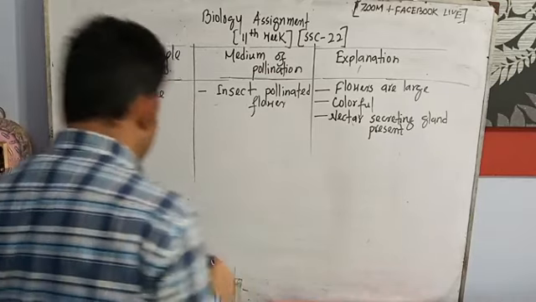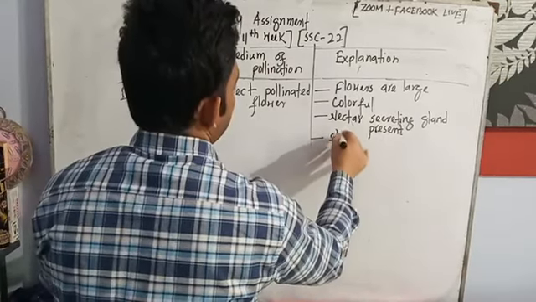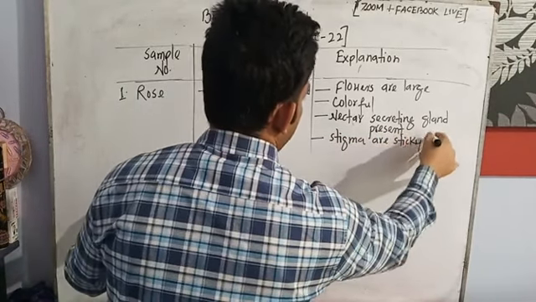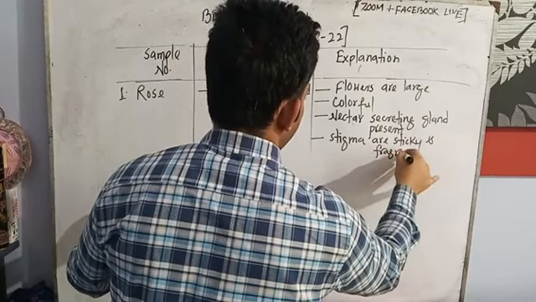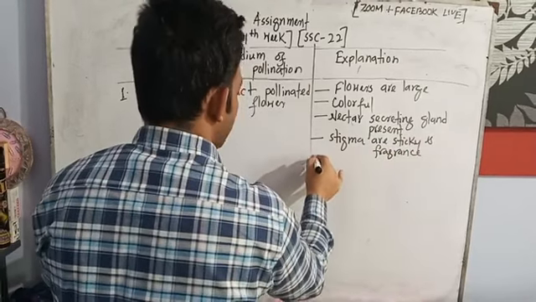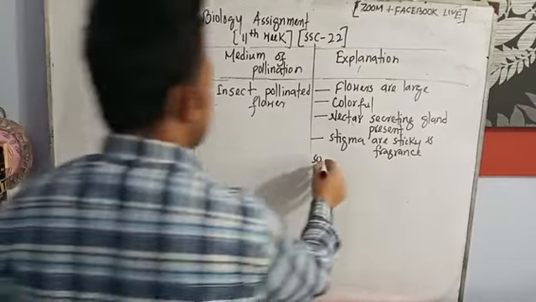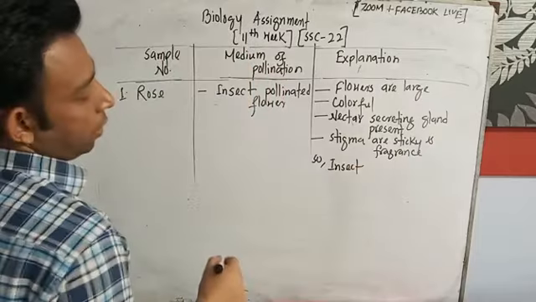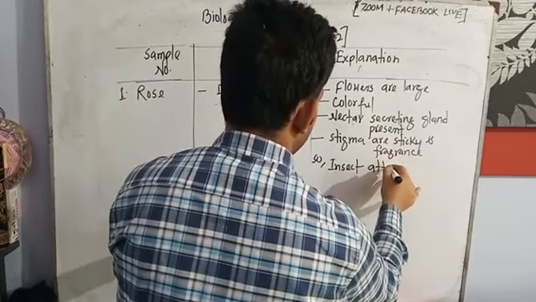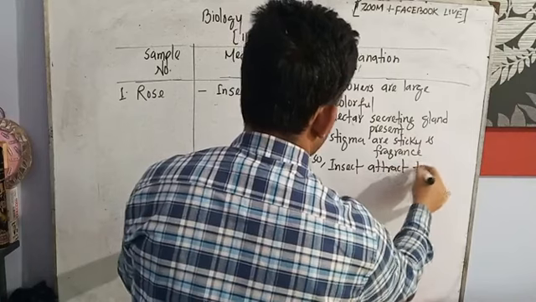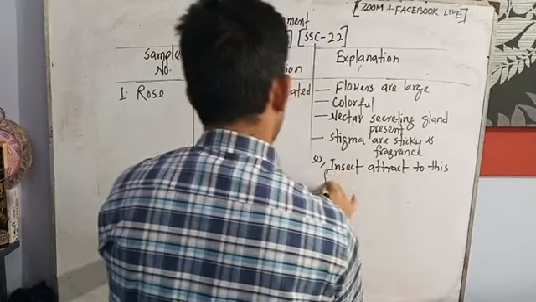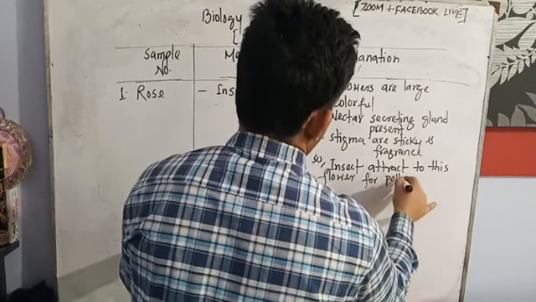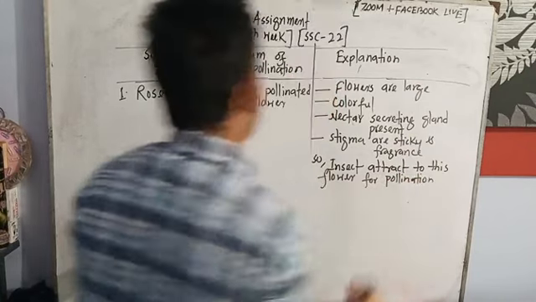Stigma is sticky and has fragrance. Stigmas are sticky, and fragrance. Last one, insects are attracted to this flower for pollination. This is the explanation.